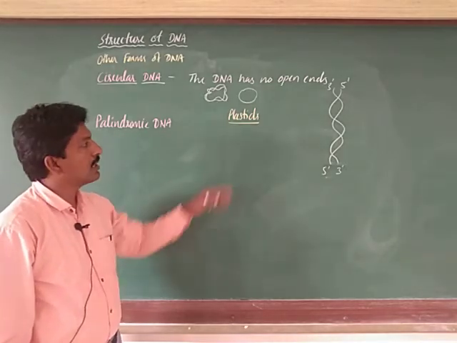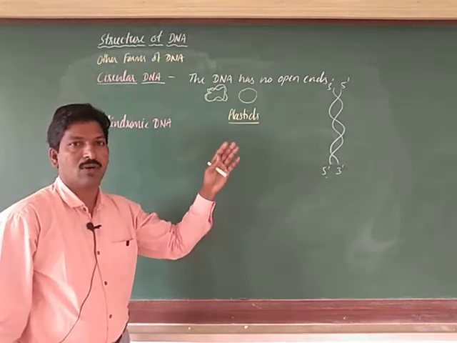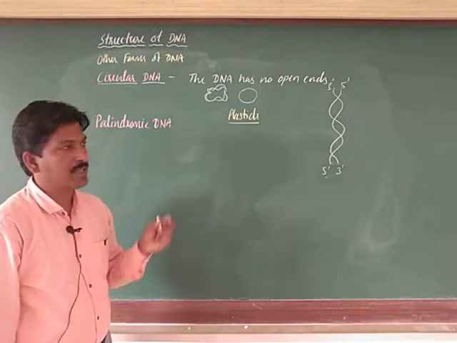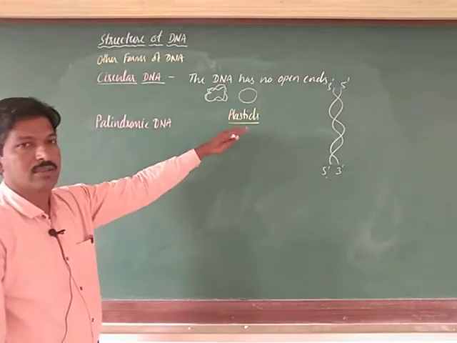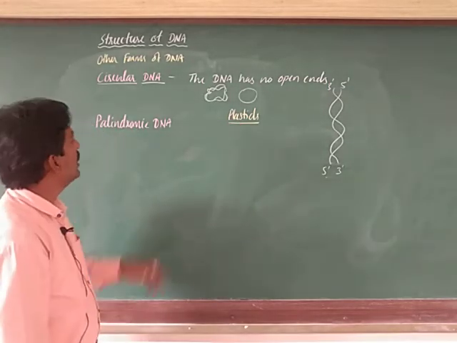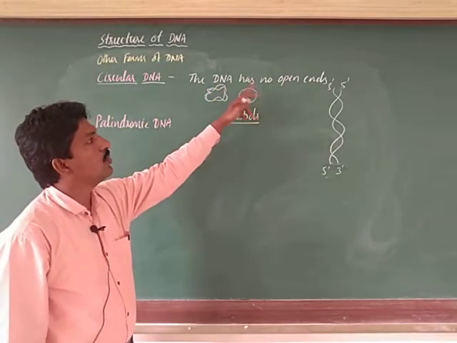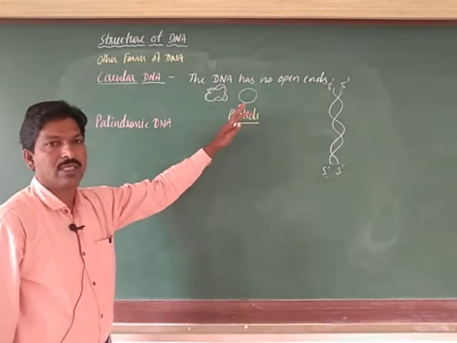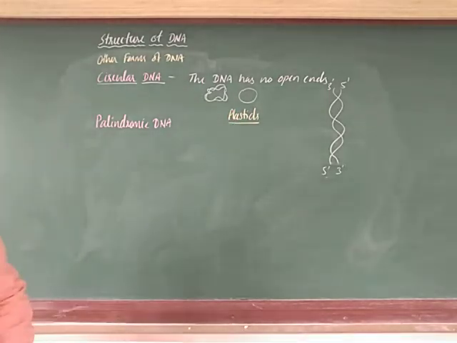These are used as vectors to transfer or insert specific DNA in the hybridization process. We will discuss that in detail in the next videos. Understood? Circular DNA means the DNA has no open end. It may be single stranded or double stranded. Plastids are an example.